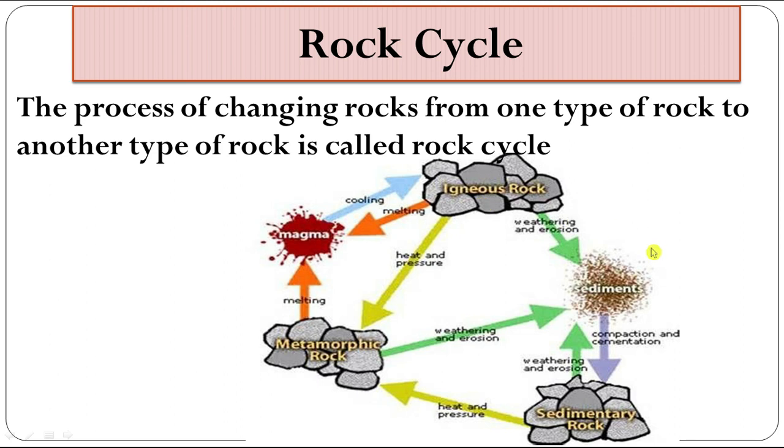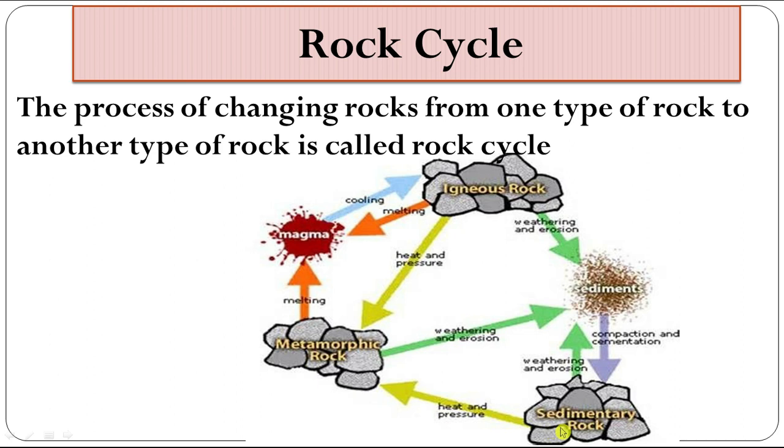When these igneous rocks break into sediments, after that these sediments get deposited in different layers, and with these layers another type of rocks are formed which we call sedimentary rocks.